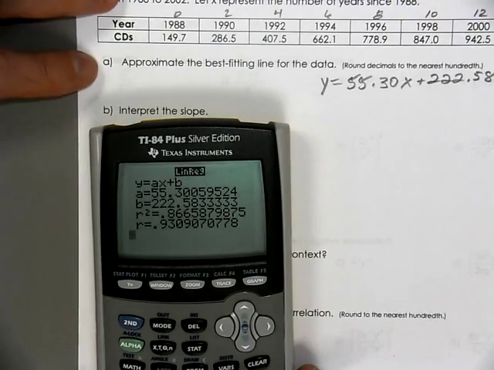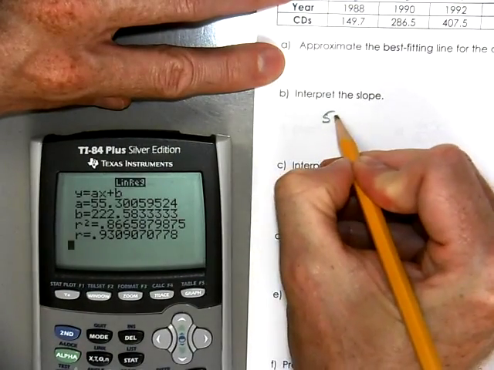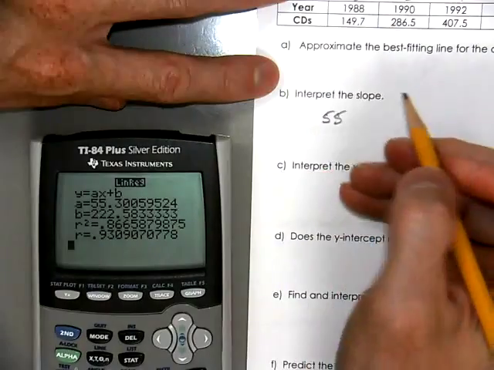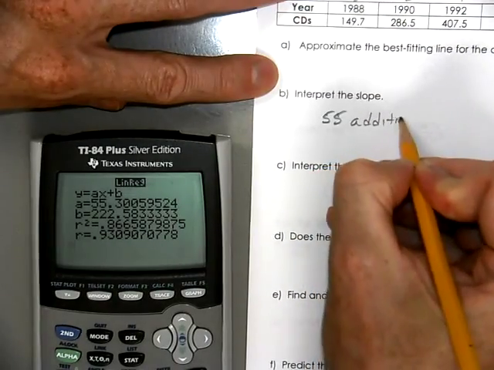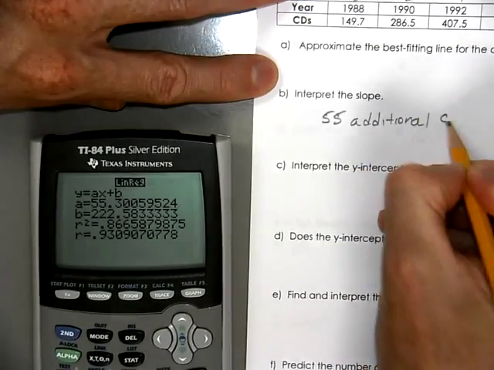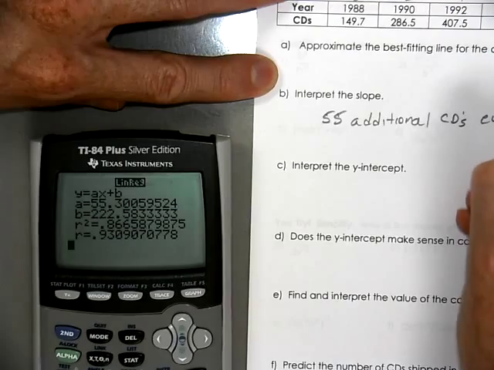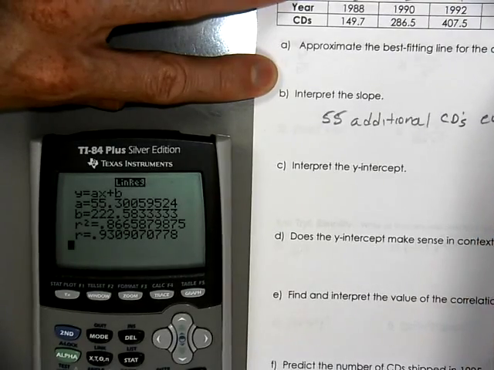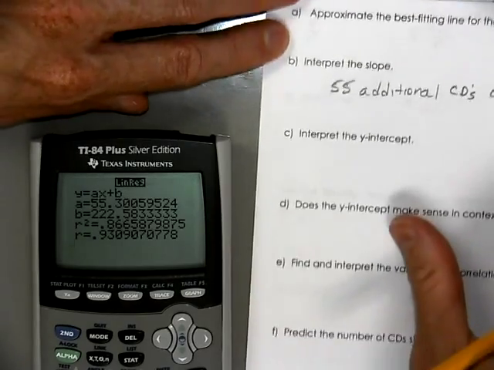That is our best fit line. Our slope is 55 additional CDs every 2 years. That's how much it seems to be going up by.